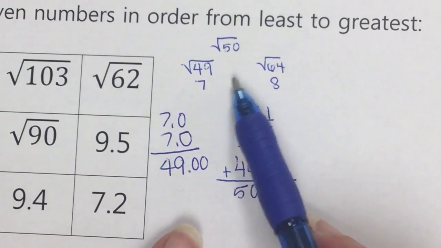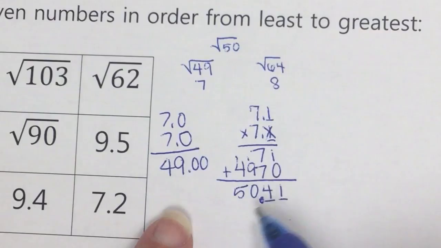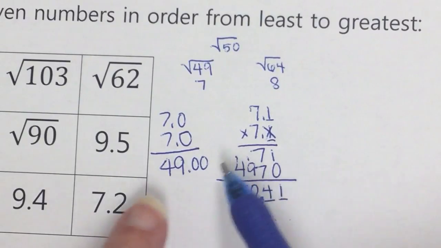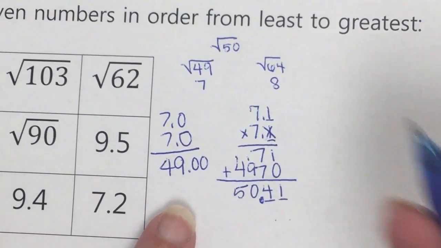So now the question is, square root of 50, which one is it closer to? 49 or 50.41? It's barely closer to 50.41. This one's 0.41 away from 50. This one is a whole 1.00 away from 50. So this one is closer.